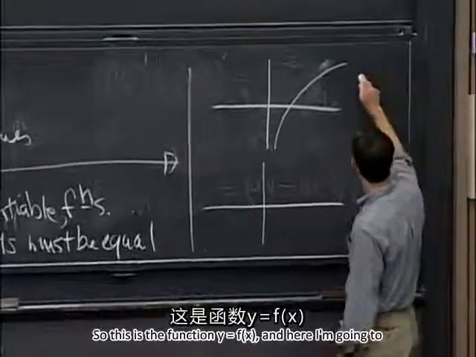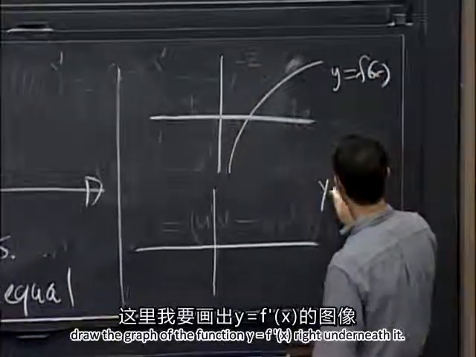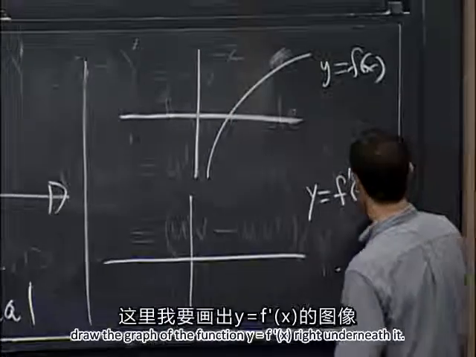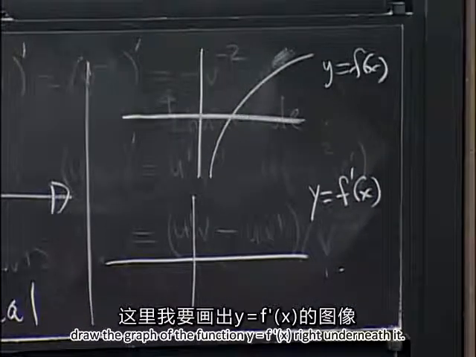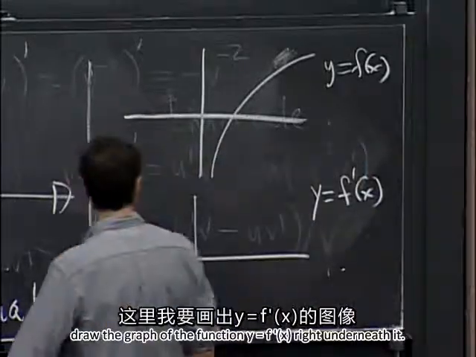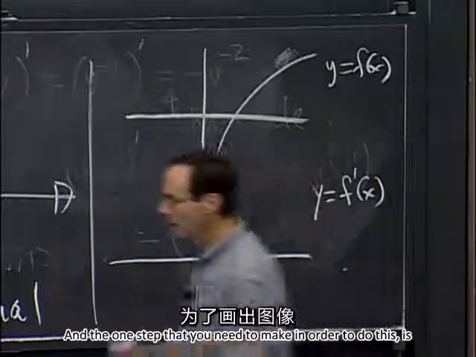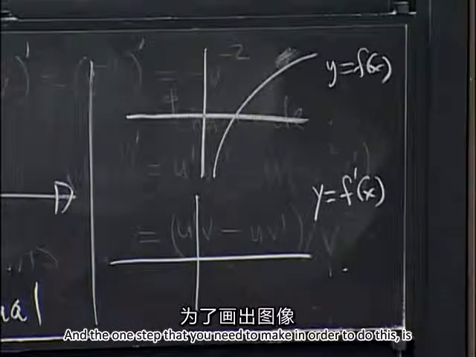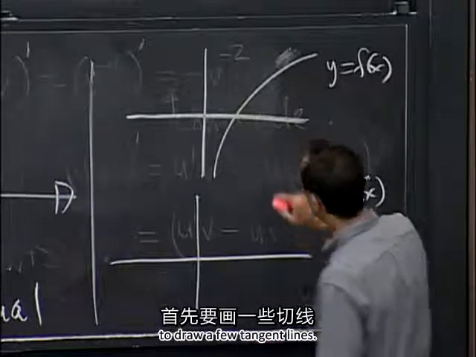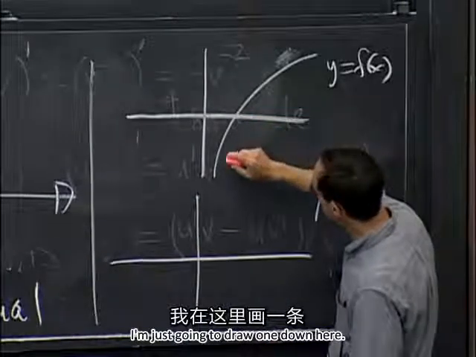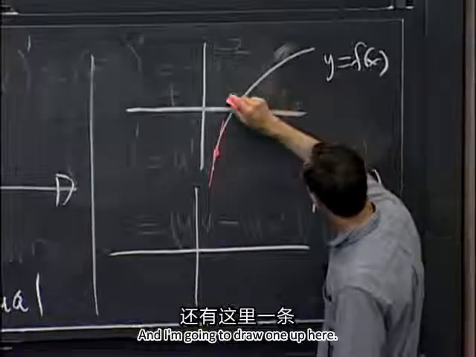So this is the function y equals f of x, and here I'm going to draw the graph of the function y equals f prime of x right underneath it. So now let's think about what it's supposed to look like. The one step that you need to make in order to do this is to draw a few tangent lines. I'm going to draw one down here, and I'm going to draw one up here.